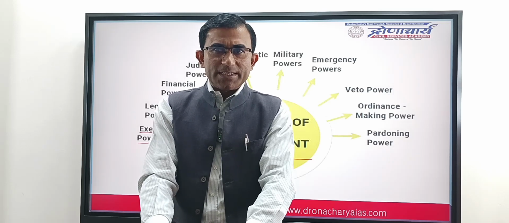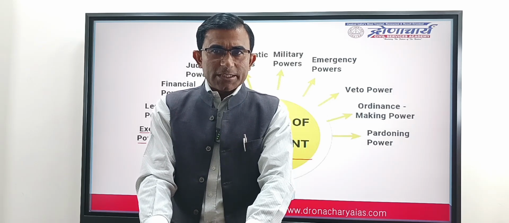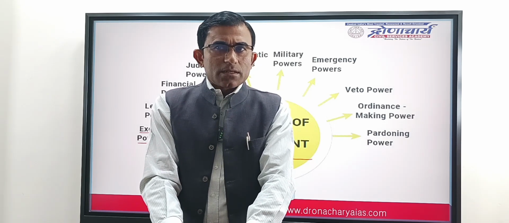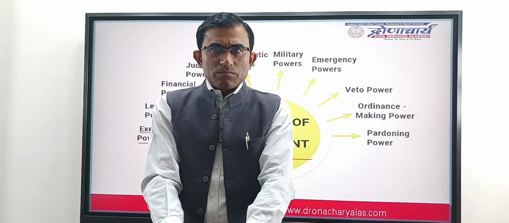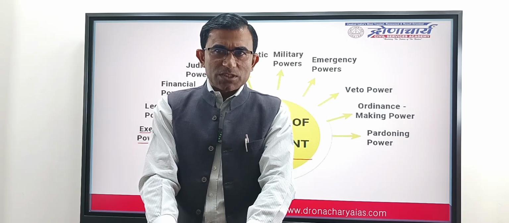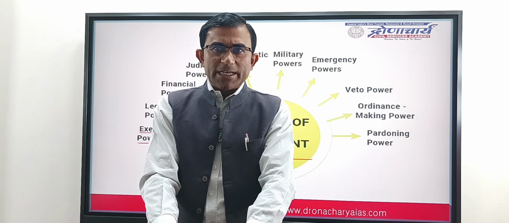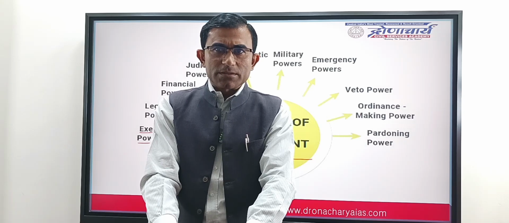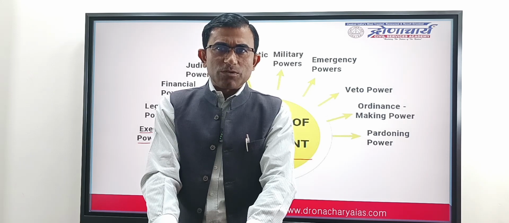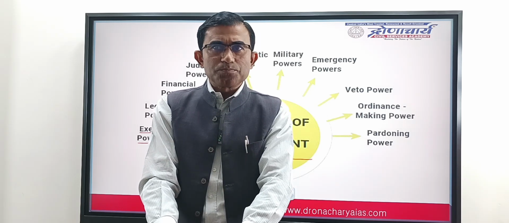He appoints various constitutional dignitaries like the Comptroller and Auditor General, Chief Election Commissioner, Chairman and Members of the Union Public Service Commission. He appoints the Attorney General and determines his remuneration. The Attorney General holds office during the pleasure of the President.